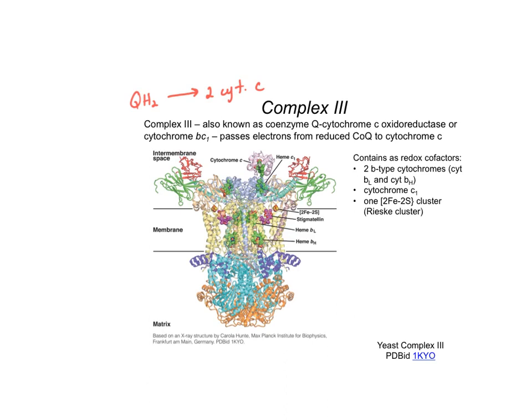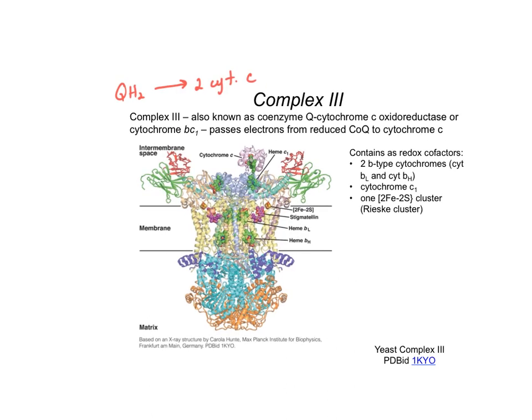Complex 3 is this nice big protein as well. Again, it has multiple different names. It's also called coenzyme Q cytochrome C oxidoreductase, or more importantly, cytochrome BC1. This is what it's really known as in the scientific community, cytochrome BC1.